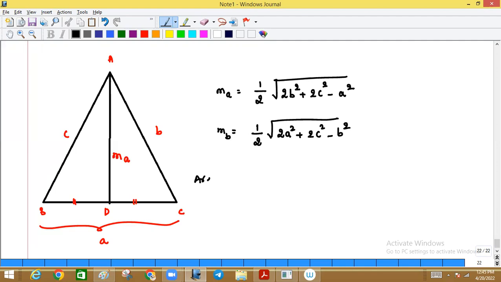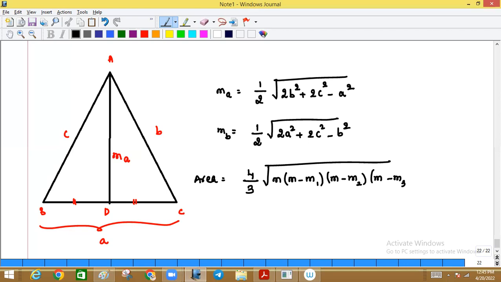Area when medians are given. Area of a triangle is 4/3 of under root of m into m minus m1, or else m minus ma you can say, or m1 also you can say, m minus m2, m minus m3. Three medians.